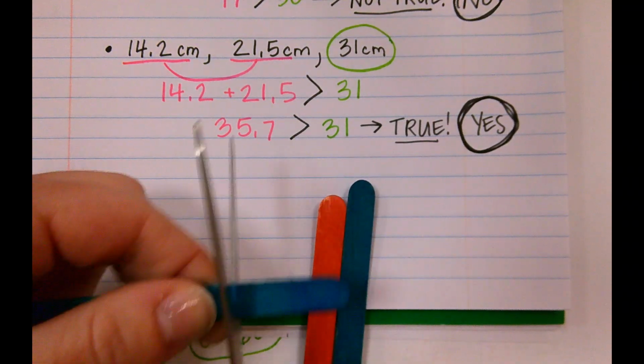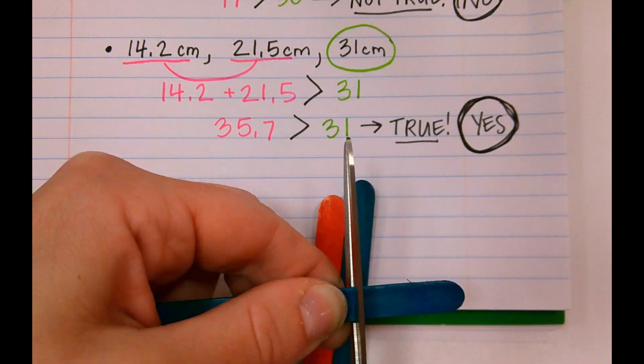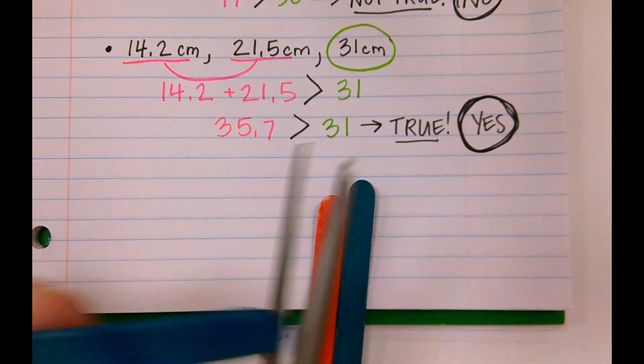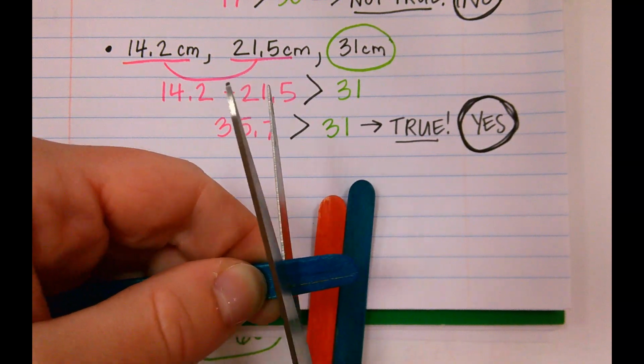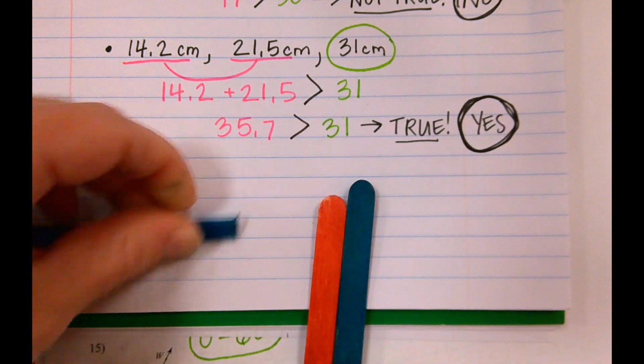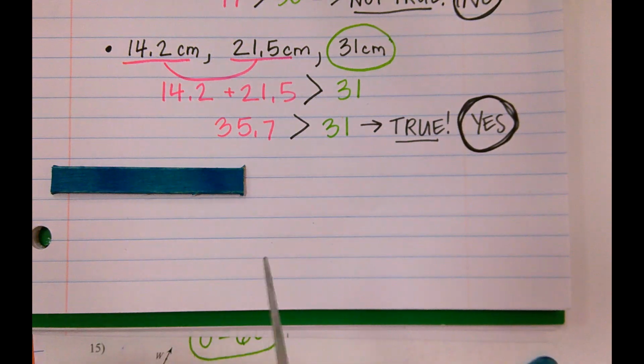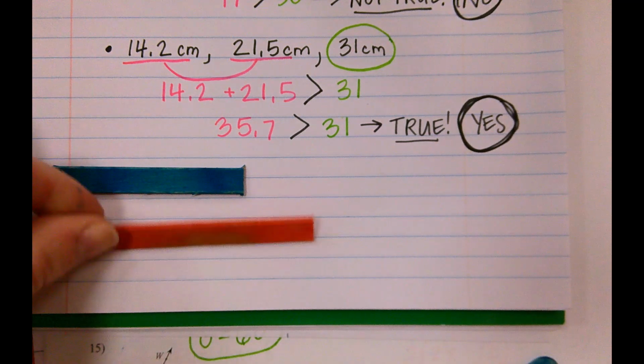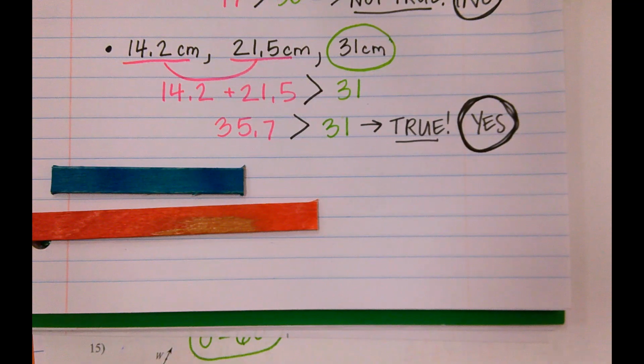Okay, so I'm going to cut one popsicle stick, make it a little short. And then I'm going to leave one a little longer.